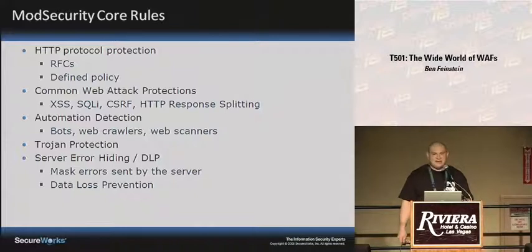So you can detect protocol anomalies, like I mentioned before, an HTTP 1.1 request without a host header, or a GET request that has a request body. Those are anomalies. You can also use that to have a defined policy on the HTTP protocol to enforce the RFCs, for instance.